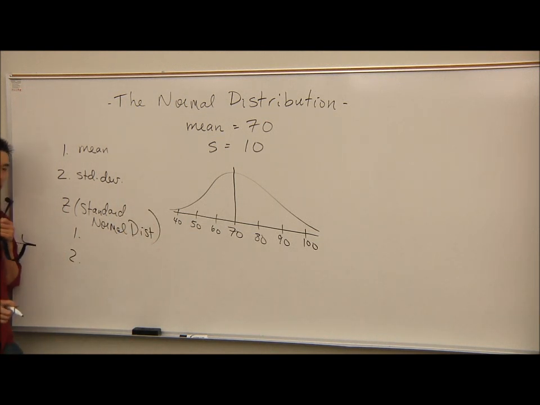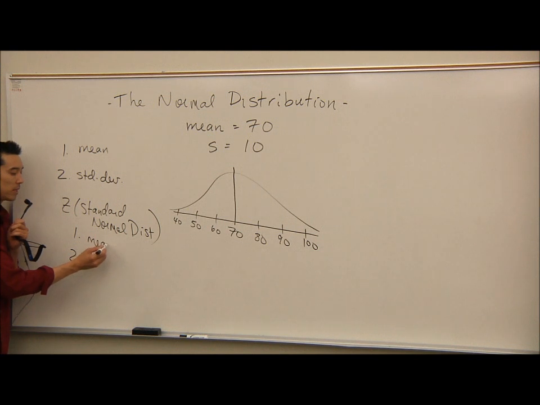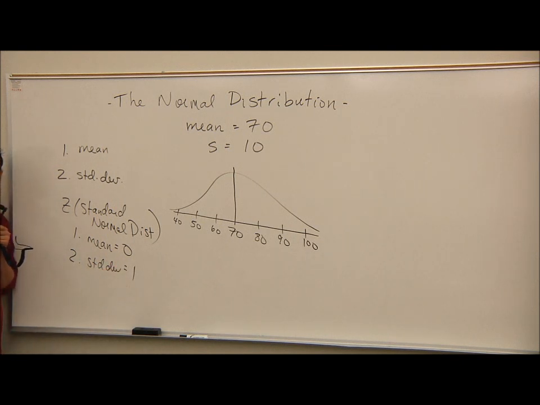What makes your normal distribution a standard normal distribution or z distribution is the mean is equal to 0, and the standard deviation is equal to 1. Okay? So you can take any normal distribution and make it a standard normal distribution, which is just a normal distribution with mean 0 and standard deviation 1.